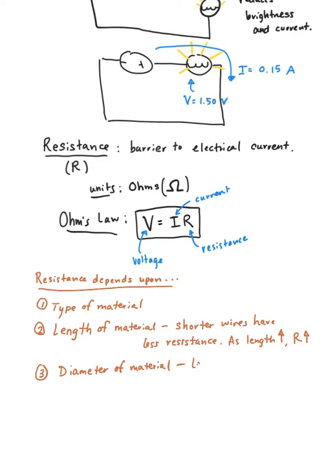So, large diameters allow charges to spread out and not bump into things as often. As diameters decrease, as they get smaller and smaller, narrower and narrower, resistance goes up.